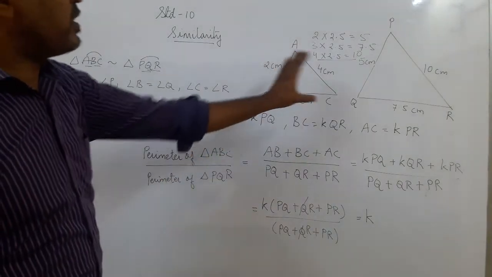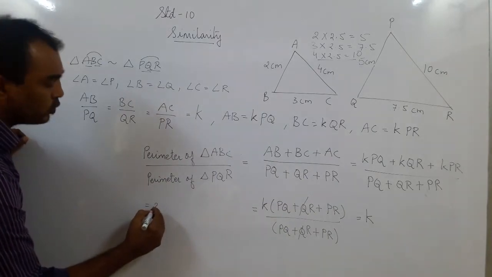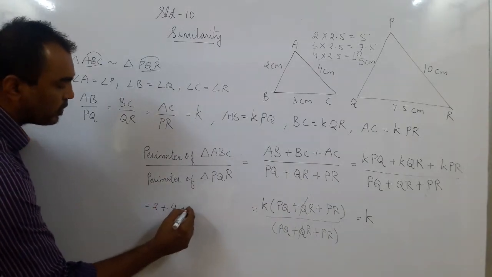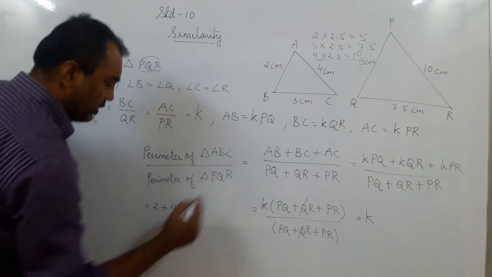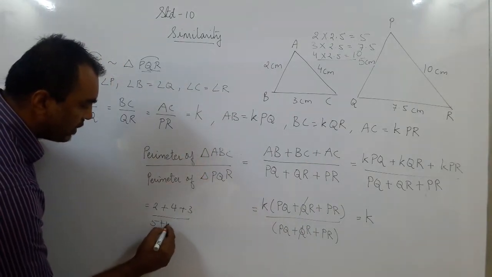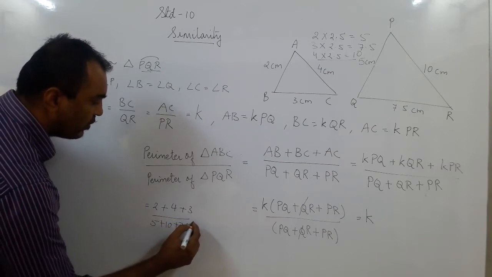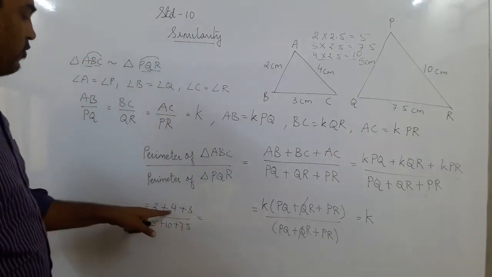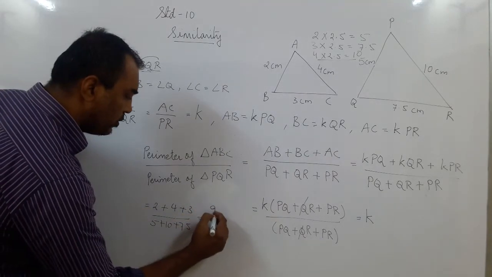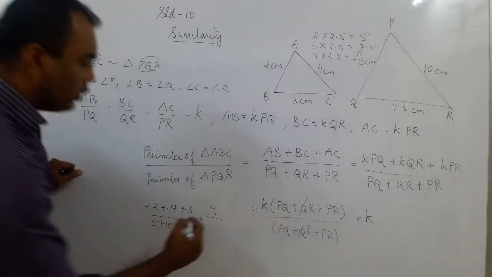So let us verify the perimeter now. So perimeter of this triangle is how much? 2 plus 4 plus 3, upon 5 plus 10 plus 7.5. What do you get? 4 and 3, 7, so 9 upon 5 plus 10, 15, 22.5.